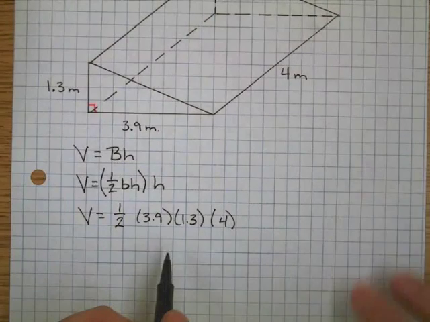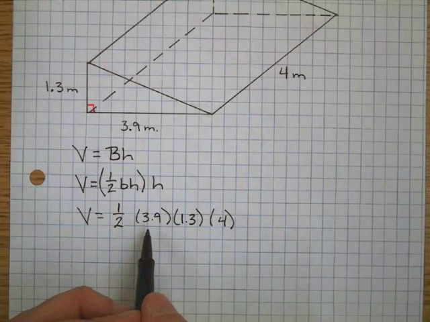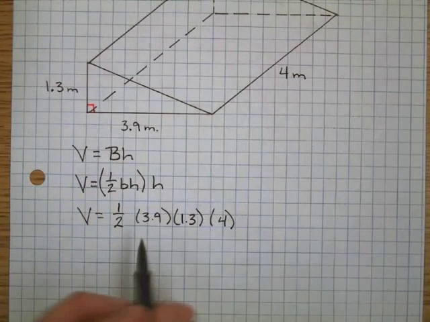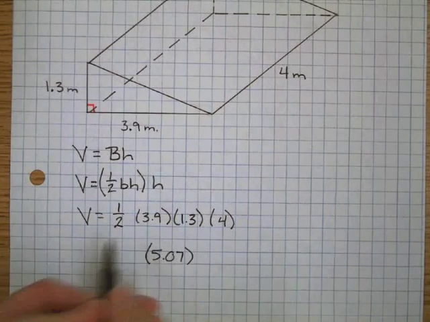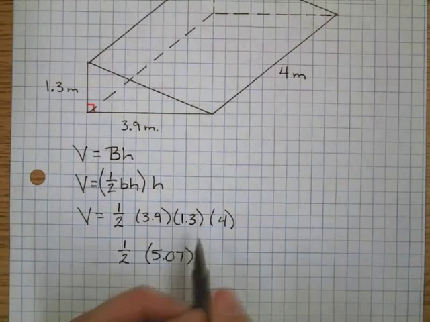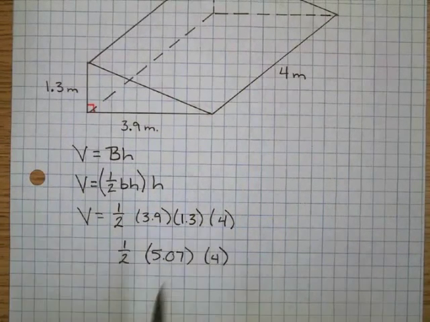So let's go ahead and start working this out. If we have 3 9/10 multiplied by 1 3/10, that's 5 7/100. We're still taking half of that, and then we're going to multiply that by 4.